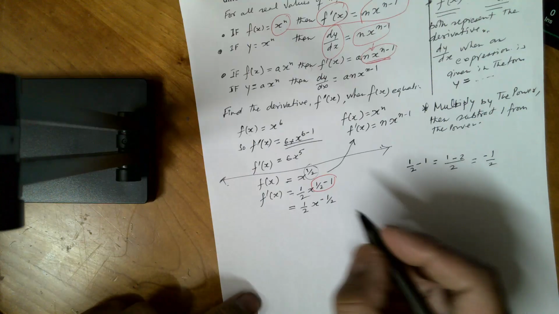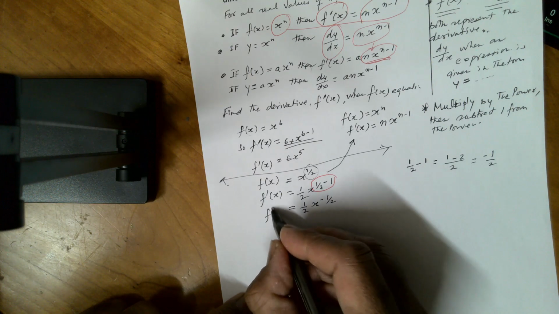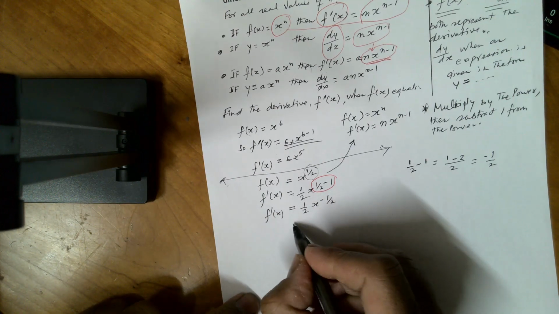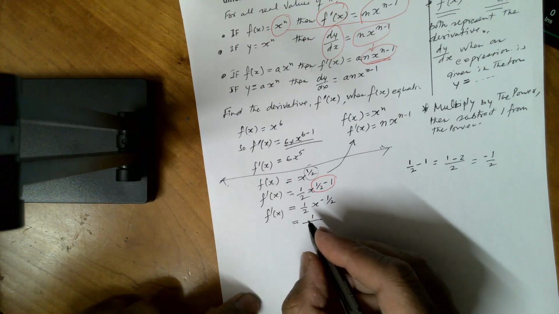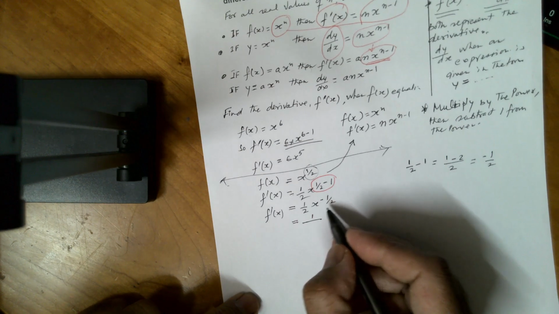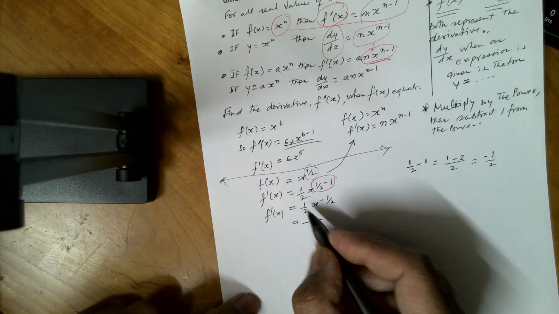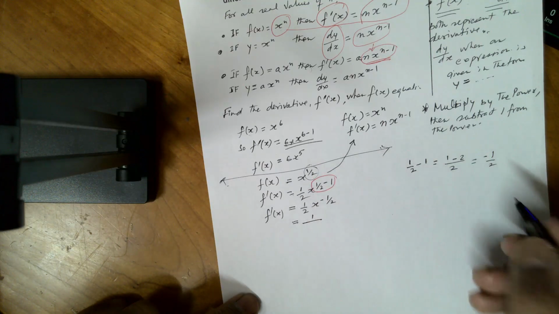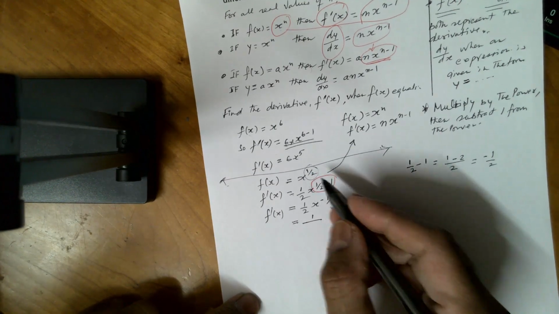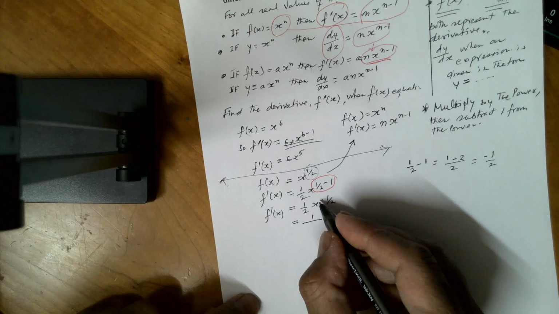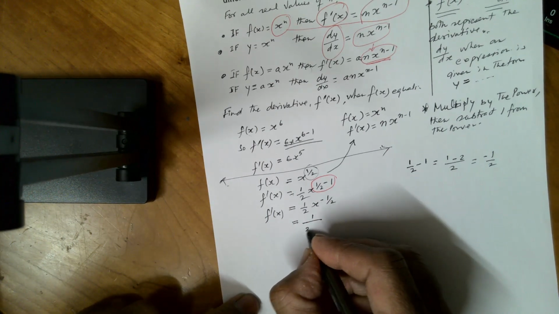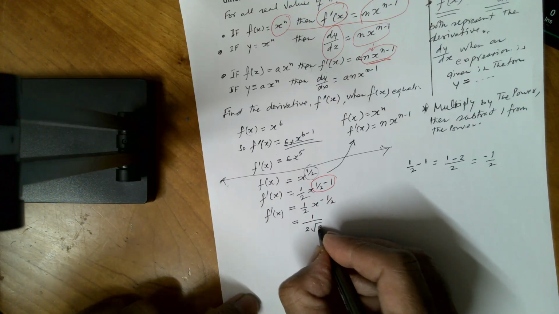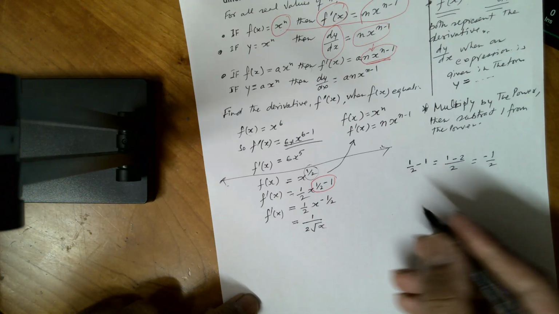Now you can leave it like this, or you can go for the next step as well. Because a power of half exactly means square root. However, it's in the minus, so you can write it here as such.